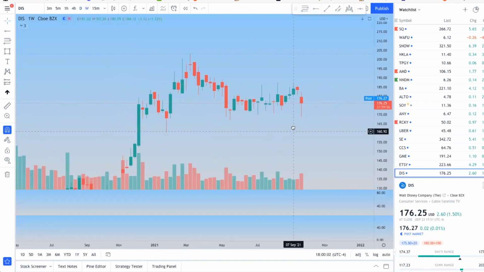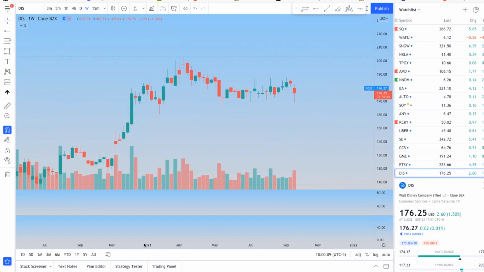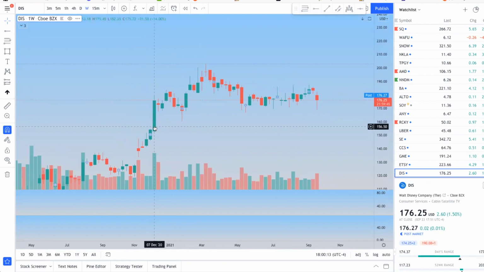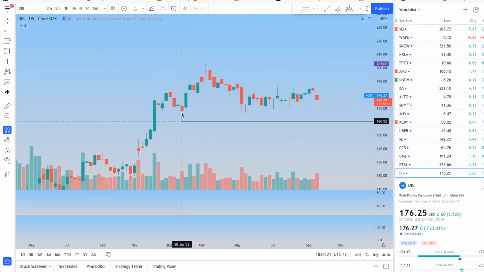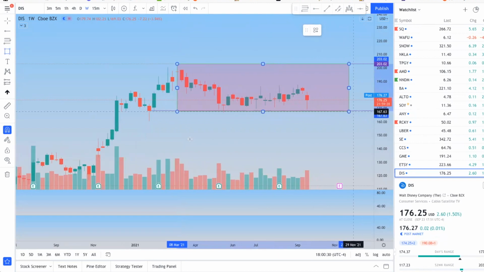Right away you can see that, for example, Disney, since 2021, a little bit before, there's definitely a range, right? Even like this one here. So this is the main range to watch.